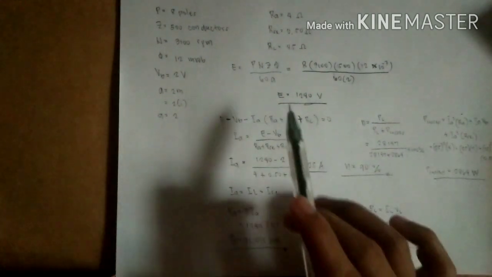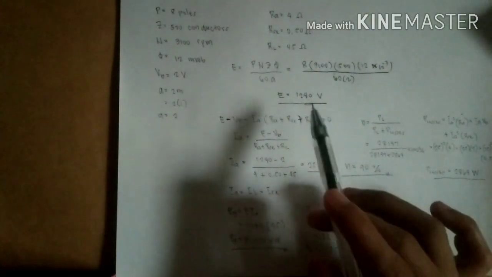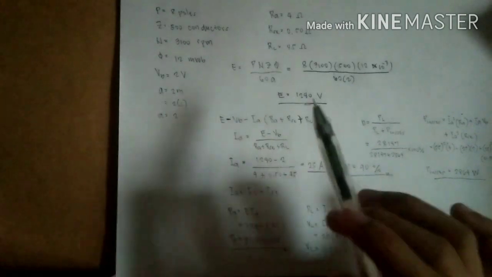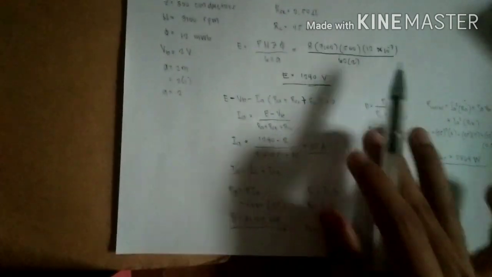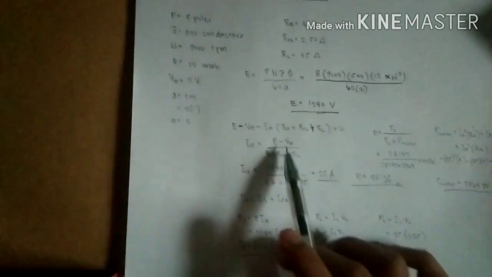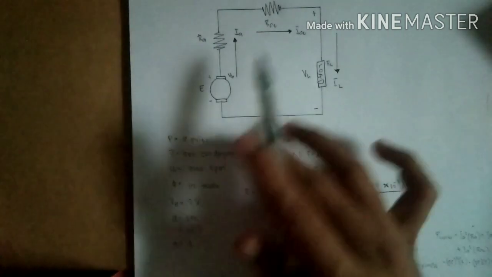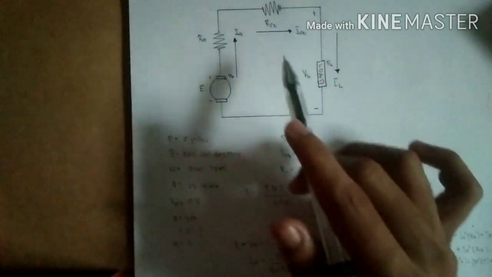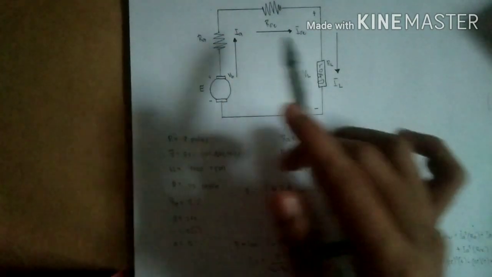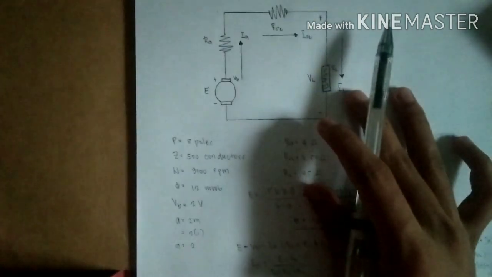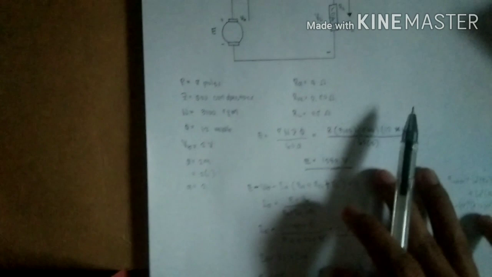After we got the generated EMF, the next part is to find the IA here. Since we don't know the current in the diagram, we must use KVL.